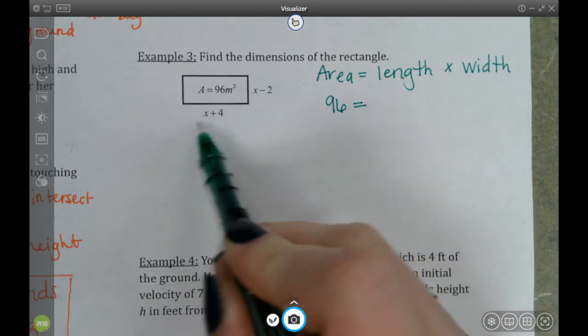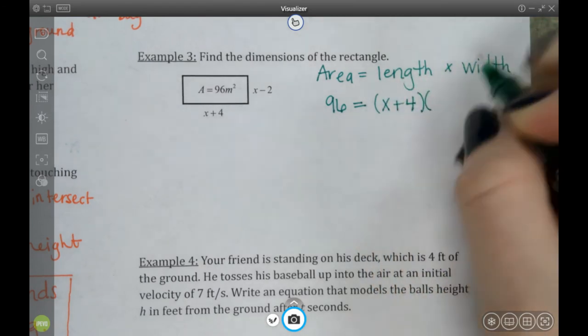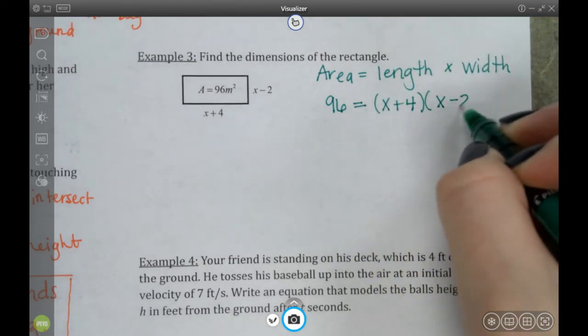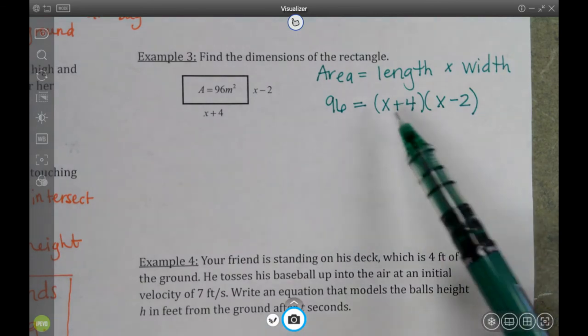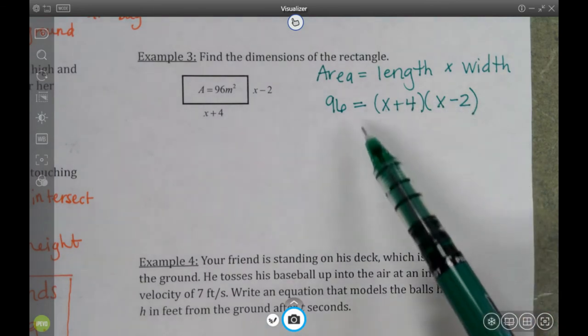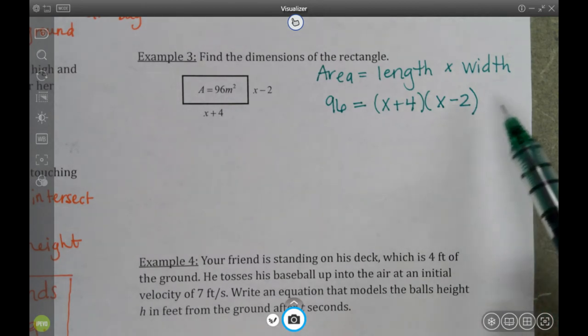Our length is x plus 4. And our width is x minus 2. Okay, so we could multiply this out, set it equal to 0, use the quadratic formula, solve for x, and do all of that work.